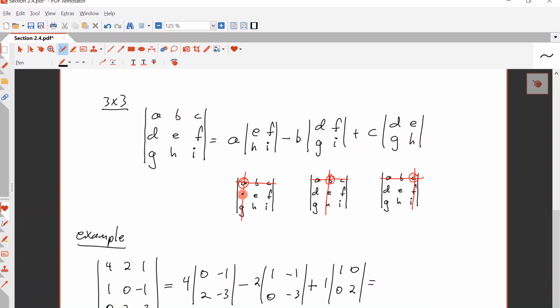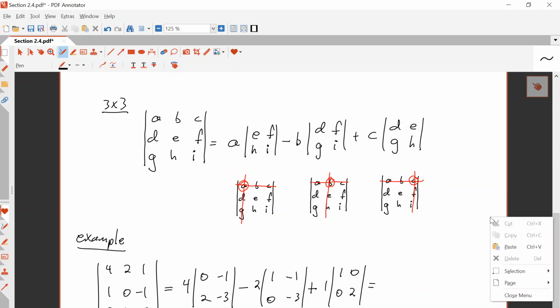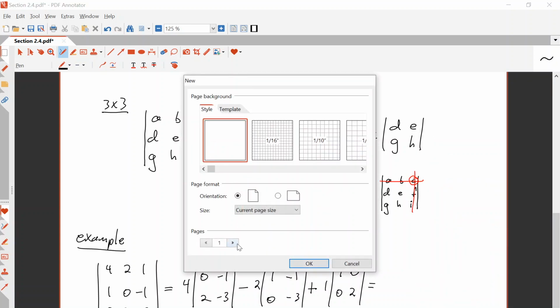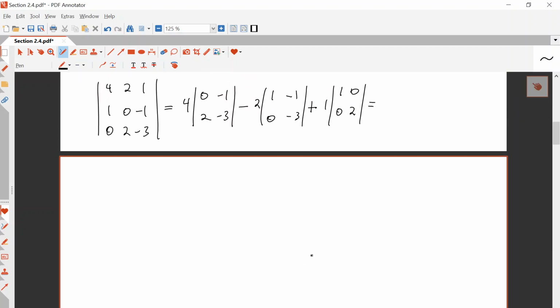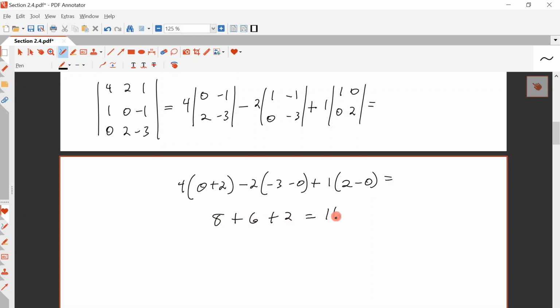So this is equal to 4 times 0 plus 2, right? It's 0 minus minus 2. Minus 2 times minus 3 minus 0, plus 1 times 2 minus 0. So this is equal to 8 plus 6 plus 2, which is 16. Okay, so that's that 3 by 3 determinant.